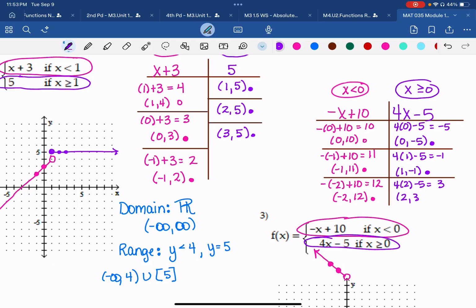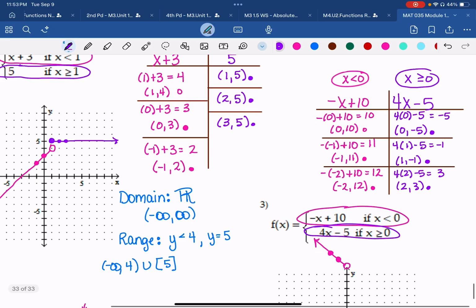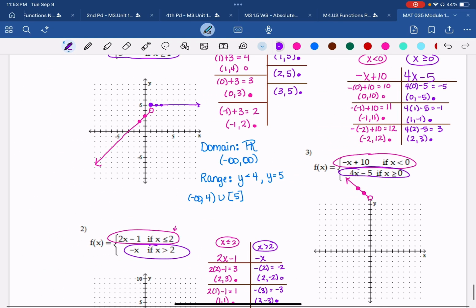So 2, 3 is my ordered pair, and let's see if these fit on the graph. They do. So I've got 0, negative 5, 1, negative 1, and 2, 3. Okay. There we go. Here's my graph.